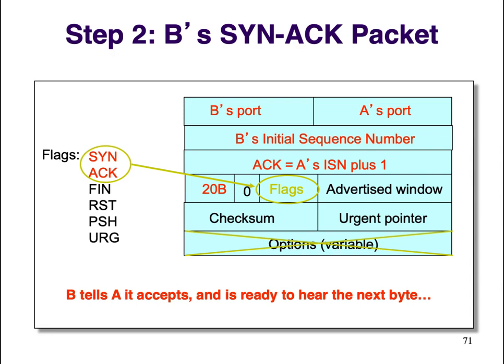And at the same time, it is acknowledging A's initial sequence number +1. The +1 because we're doing next expected byte. This is also why when A starts sending data, the very first byte in A's byte stream is going to be initial sequence number +1. Anyone want me to repeat this, or is it clear?